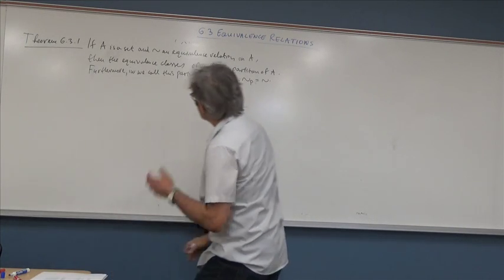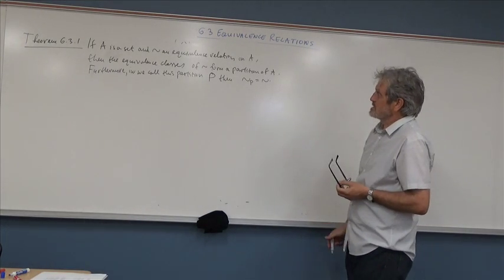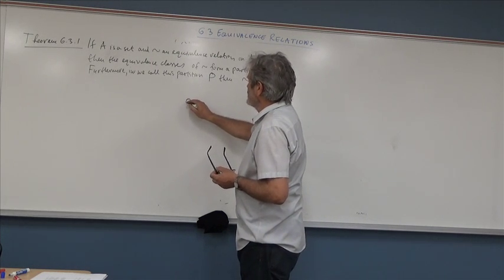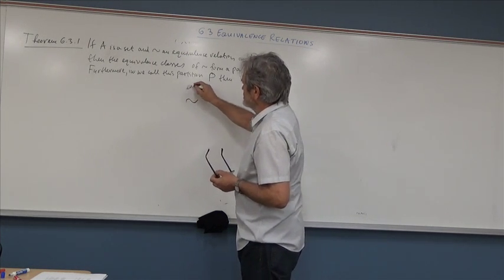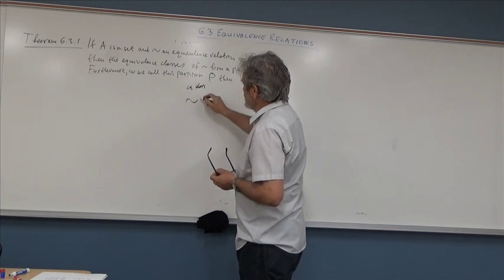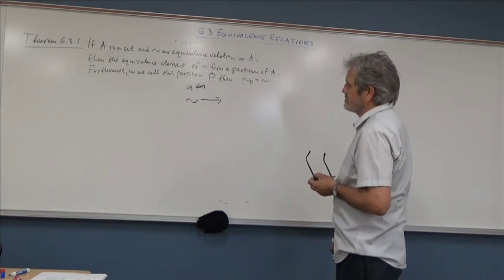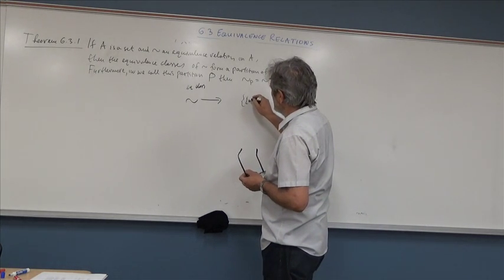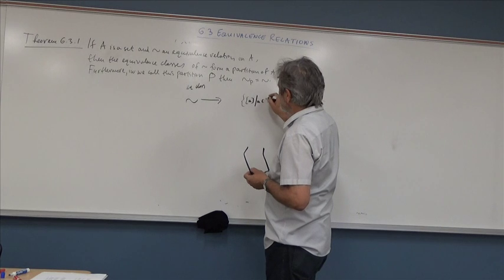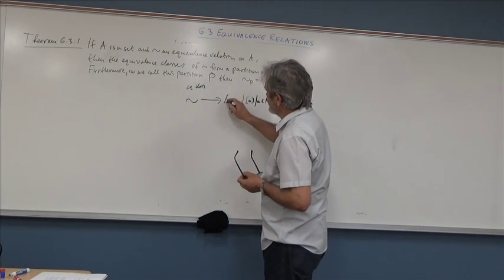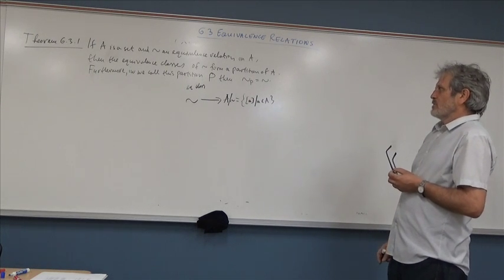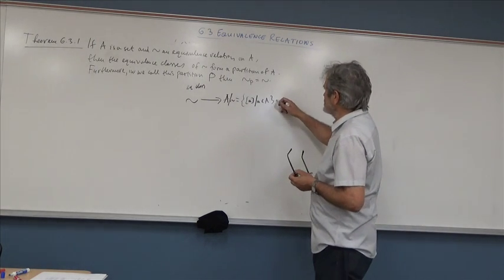Let me explain the meaning of this, because you start with tilde, which is an equivalence relation. Then when you look at the set of equivalence classes, by the way, that's very often called A/~, the set of equivalence classes is a partition.